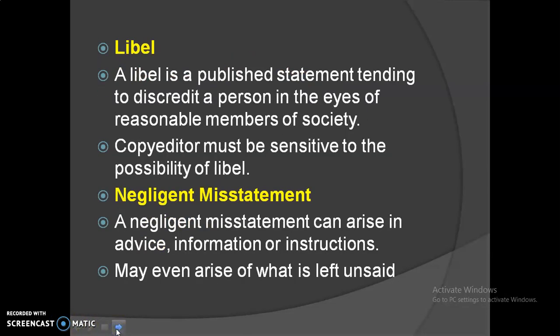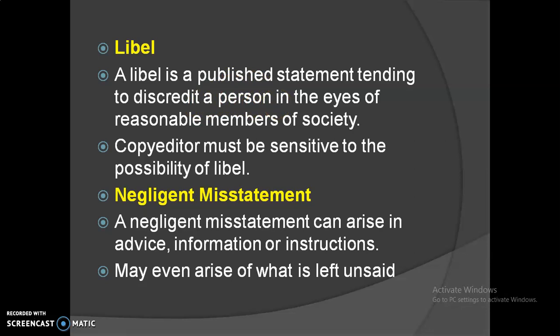Next, libel. Libel is a published statement tending to discredit a person in the eyes of reasonable members of society.